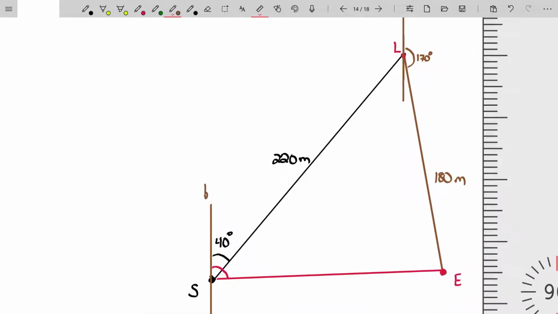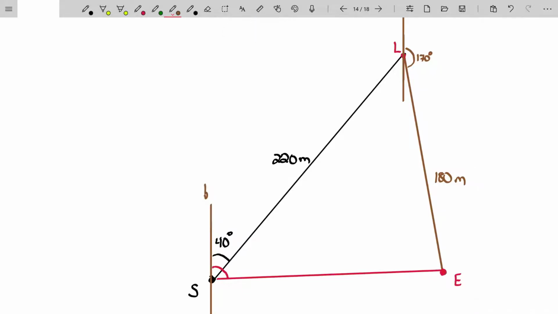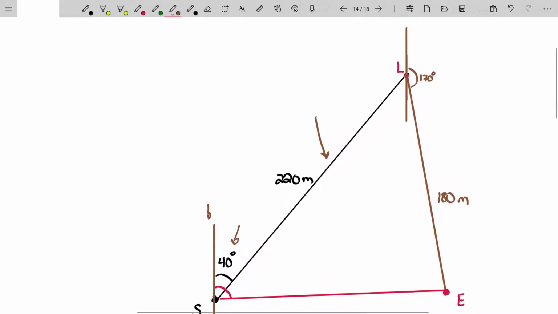That's critically important that you understand that. Because if they are parallel, this black line right here makes an angle here that is equal and opposite to the angle it makes with the vertical line there.